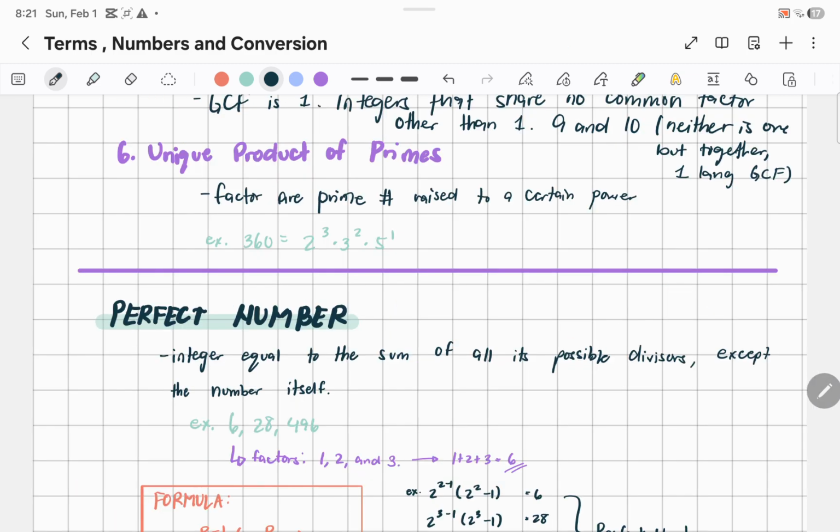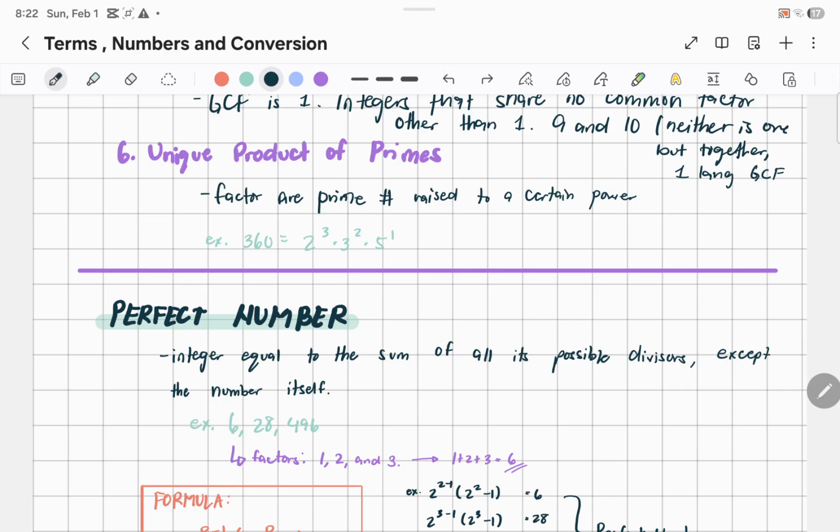Next, we have the unique product of primes. These have factors that are prime numbers raised to certain powers. So for example, we have 360. It is equal to 2 cubed times 3 squared times 5 raised to 1.